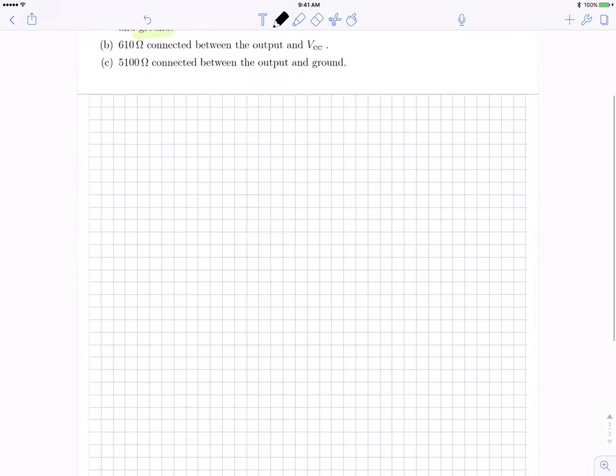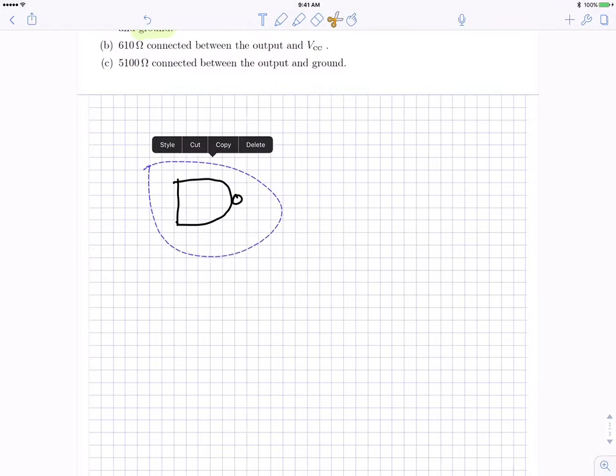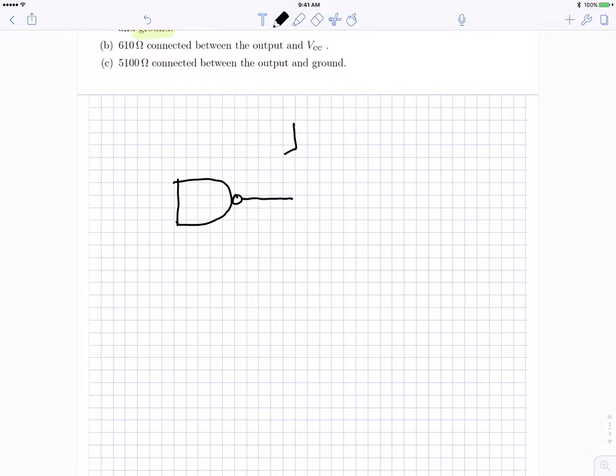Okay, so we have a NAND gate, and it's connected to an output resistor that's 910 to VCC, and I needed to specify VCC in this problem.